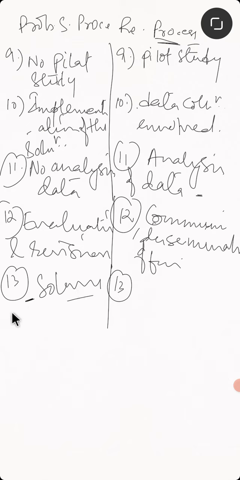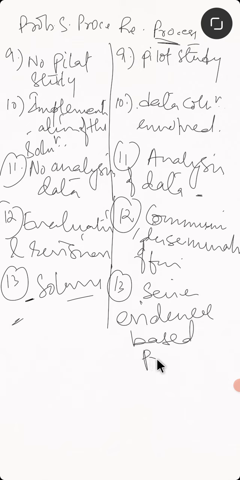Based on the possible solution, whatever analyzed possible solution we are having, on that basis we are intended to solve a defined problem. But the research process is a scientific method, and hence it is based on evidence based practice. So these are the basic differences between these two processes: problem solving and research process.